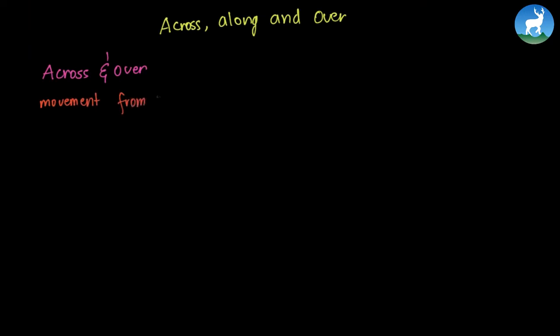Now, we will go through the prepositions "across", "along", and "over". So, "across" and "over" are used to talk about movement from one side of the place to another. So to talk about movement from one side of the road to the other.